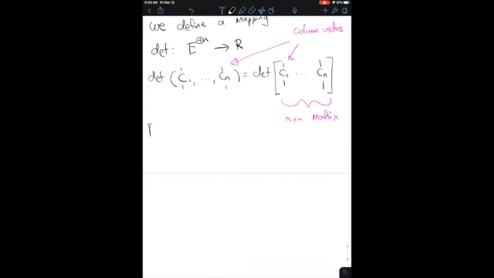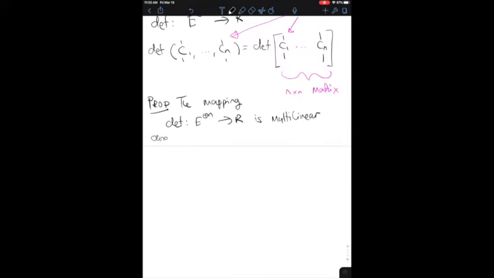So proposition: the mapping det from E to the n to R is itself multilinear and alternating. Okay, proof.